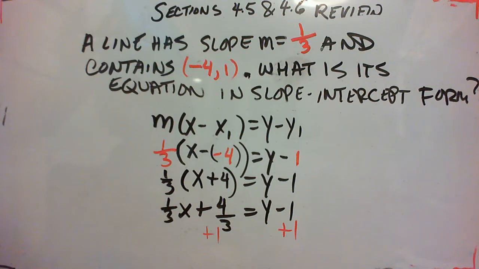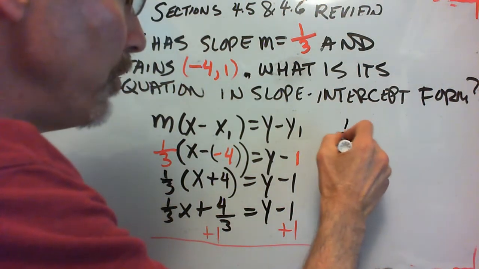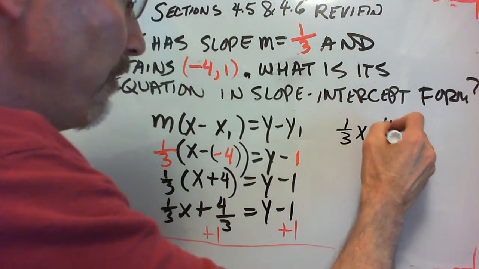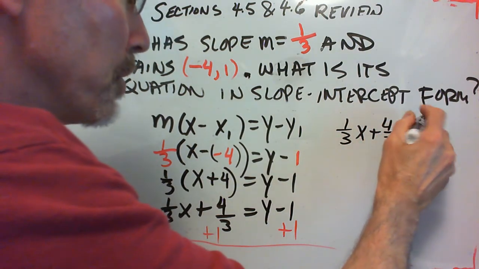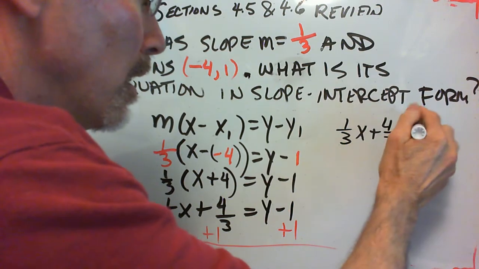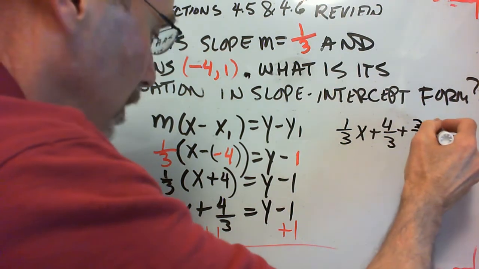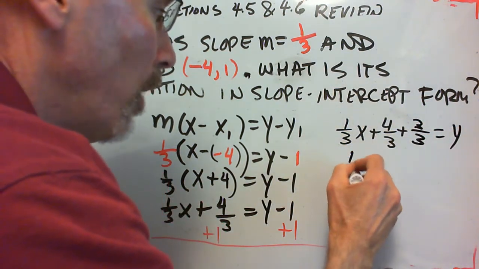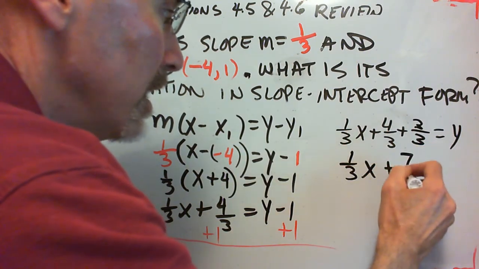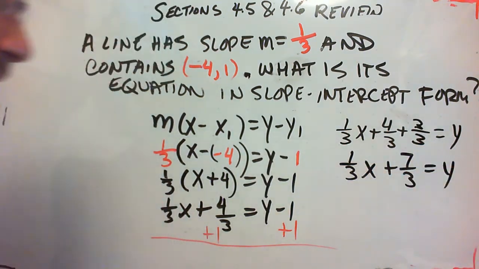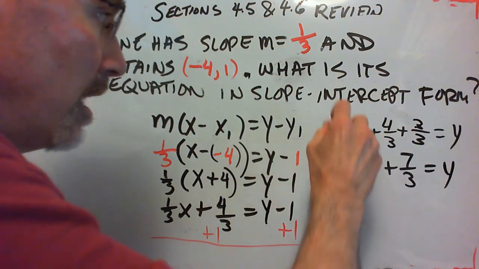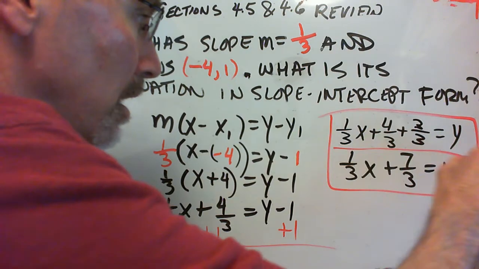Now if you're going to add 1 to 4/3, you're going to have to write the 1 as 3/3. So you have 1/3 x plus 4/3 plus 3/3 equals y. So 1/3 x plus 7/3 equals y. And that's our answer.